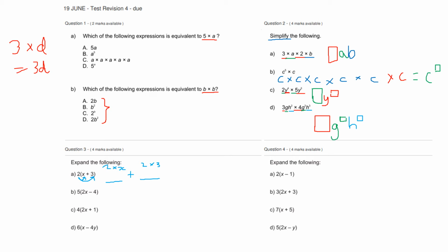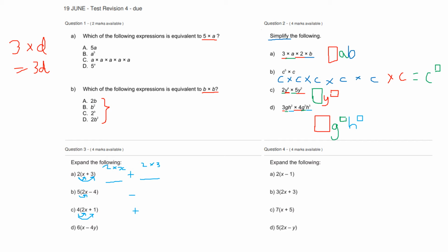So for the first bit, you're going to write whatever 5 lots of 2x would be. And this time it's going to be minus what 5 lots of 4 is. Here, 4 lots of 2x plus 4 times 1.